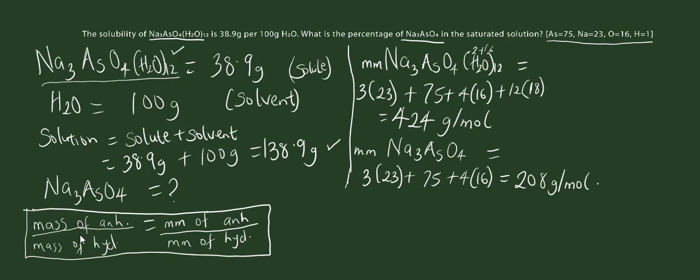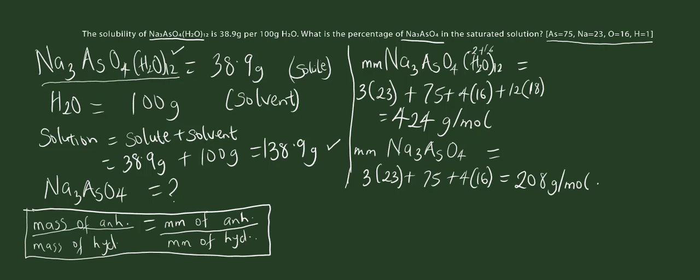The mass ratio of the anhydrous salt to the hydrated salt must always be equal to the molar mass ratio of the anhydrous salt to the hydrated salt. Thus the mass ratio must be equal to the molar mass ratio.